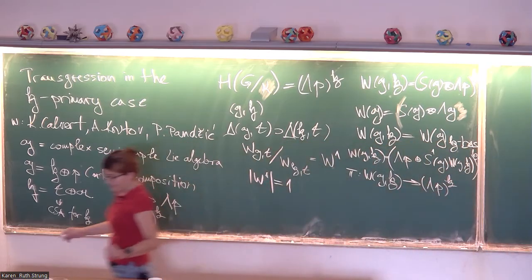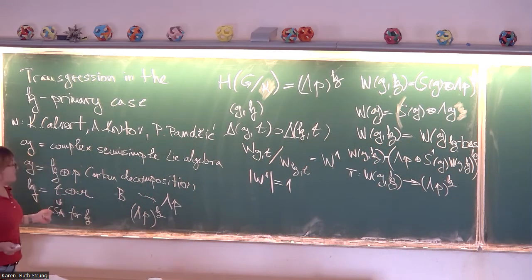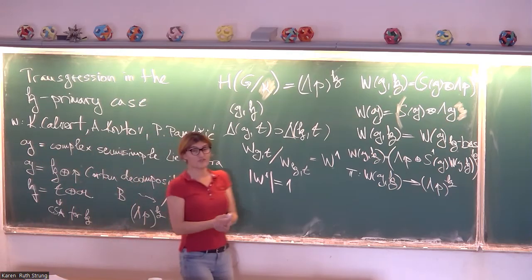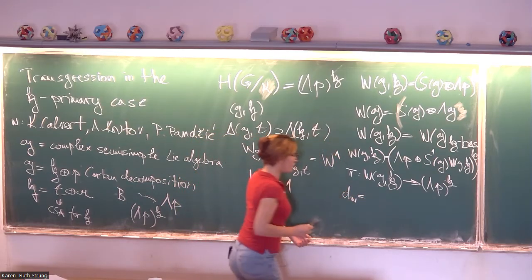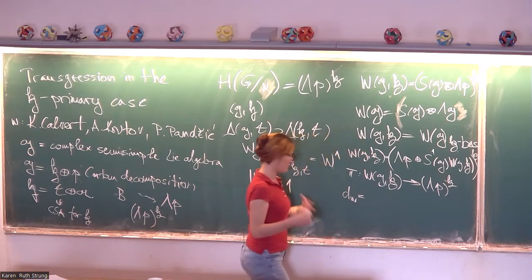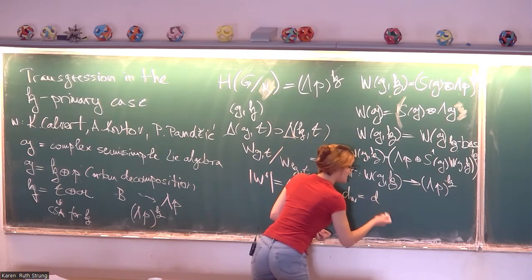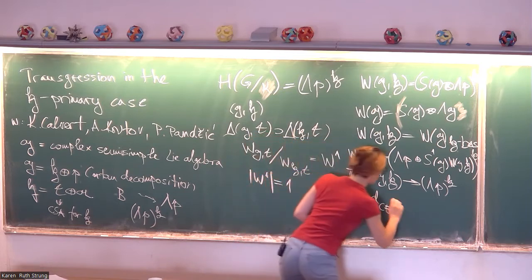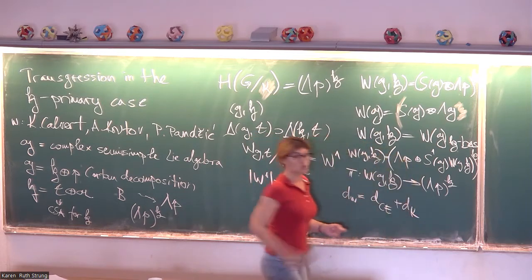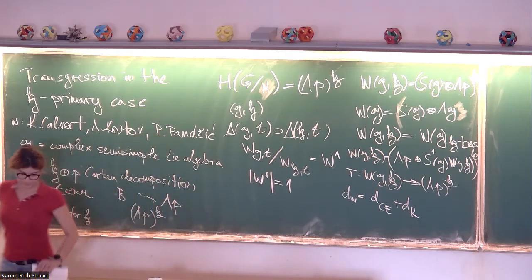Great. Since we're speaking of differential algebras, I should also mention what differential I'm talking about here. My differential is, for those of you who wonder, the sum of the so-called Chevalley-Eilenberg differential and Koszul differential.